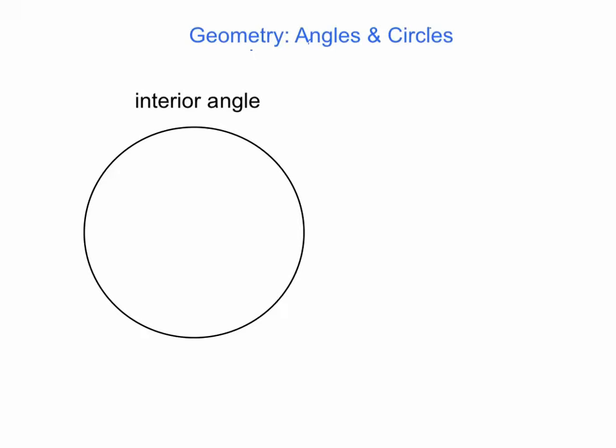Let's next look at an interior angle. I'm going to draw 2 random chords inside this circle, and we're going to find this angle where they intersect. Now, I'm going to assign a couple of values to arcs. Let's assign to this arc a value of 80.